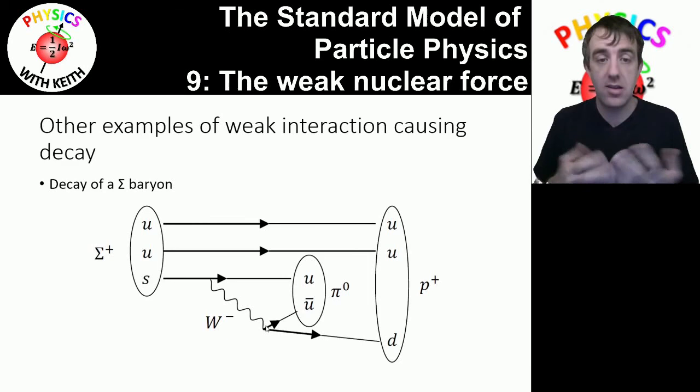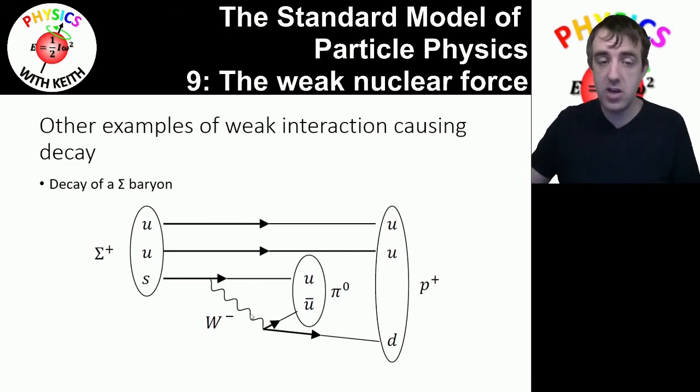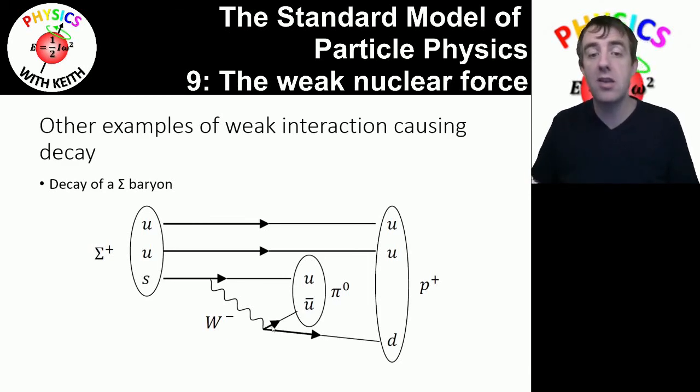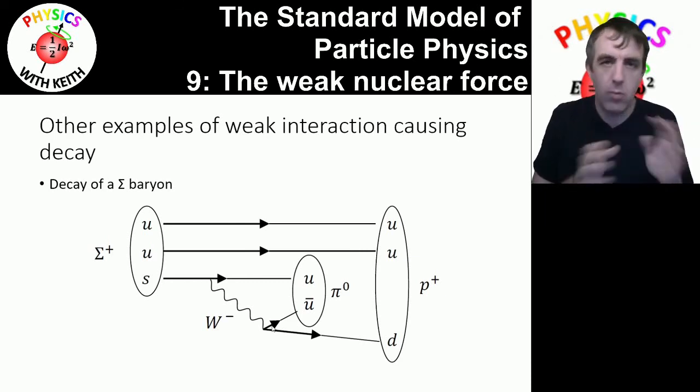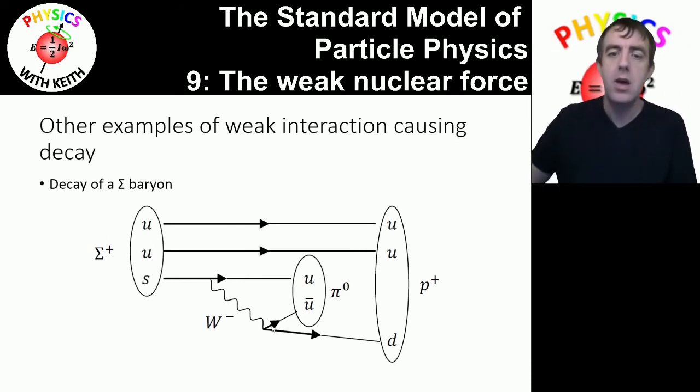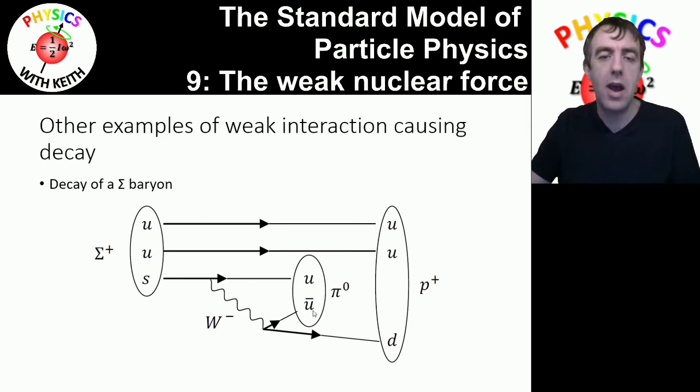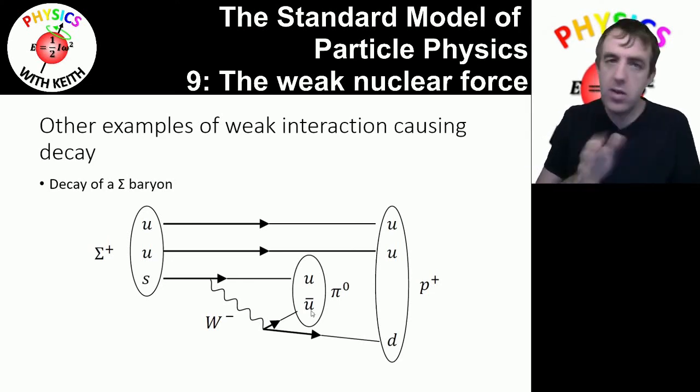It then decays, and on this occasion, that W- boson decays into two quarks. Well, a quark and an anti-quark. It decays into a down quark and an anti-up quark. Only the weak nuclear force can decay into two different types of quarks.